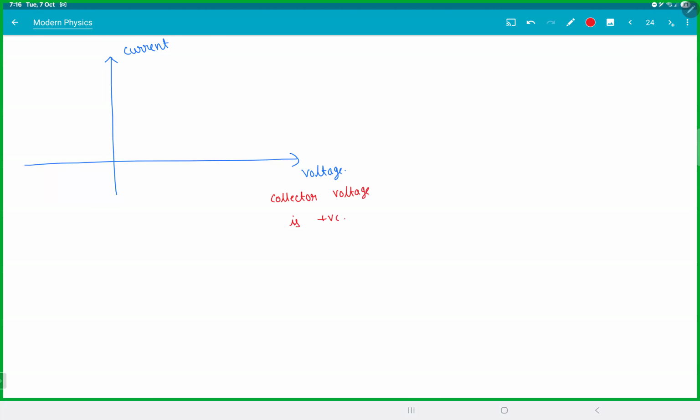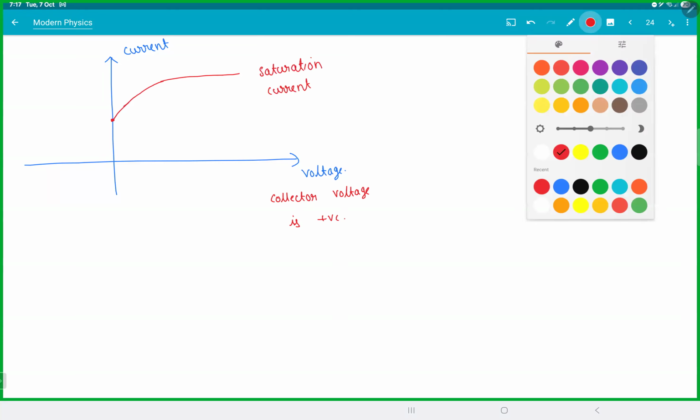Now see, initially if your voltage is 0, you'll have some current. If you increase the voltage, the current increases. Increase the voltage, current increases, and then eventually becomes constant. We call this saturation current. Now, why does the current become constant? Think about it.